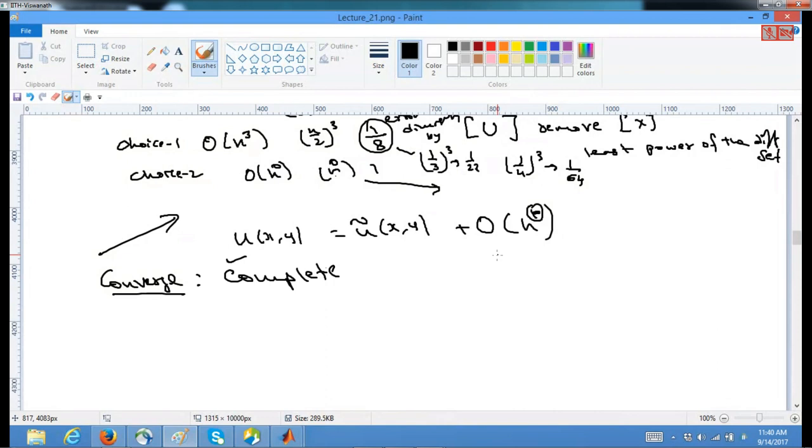And anyway, this error, whatever you have, can be characterized as C into h to the power of p. This will give you the order of convergence and this will give you the rate. So what we are doing is, by choosing a complete polynomial, we are choosing this.